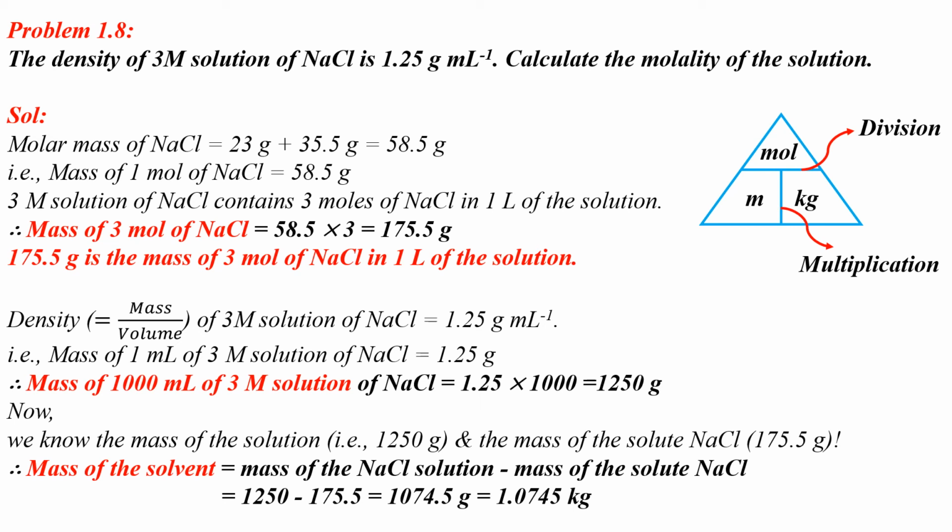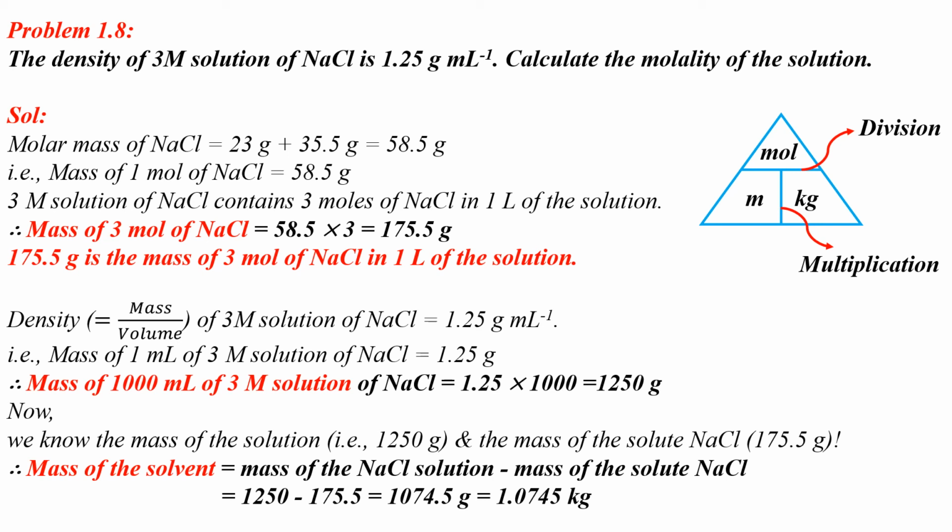So 1.25 gram per milliliter means there is 1.25 grams of solution in each ml of sodium chloride solution. That is, mass of 1 ml of 3 molar solution of NaCl is equal to 1.25 grams. Therefore, mass of 1000 ml of 3 molar solution of NaCl would be 1.25 into 1000, which would give you 1250 grams.